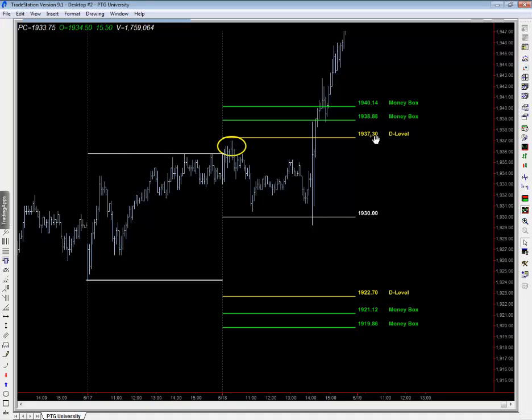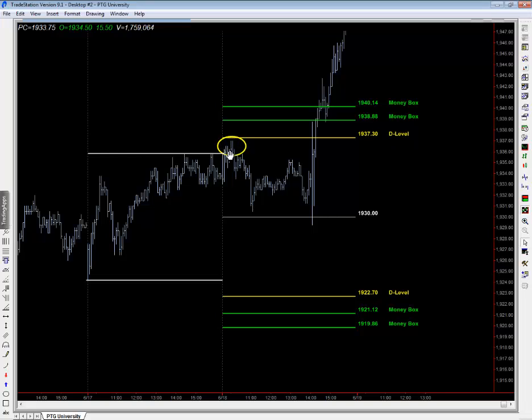What we simply want to use these D level and money box zones for is this: the D level is an interesting level because if the price action is only a probe above or below a high, many times it'll probe up to the D level or down to the D level and fail to go much higher. It may penetrate it a little bit, but fail to go much higher. If that's the case, and it was only a stop probe, usually a reversal happens.